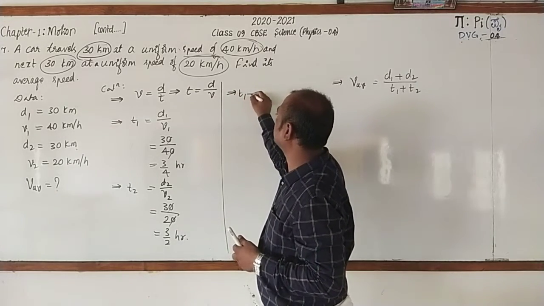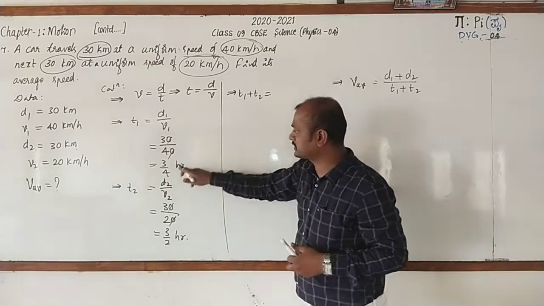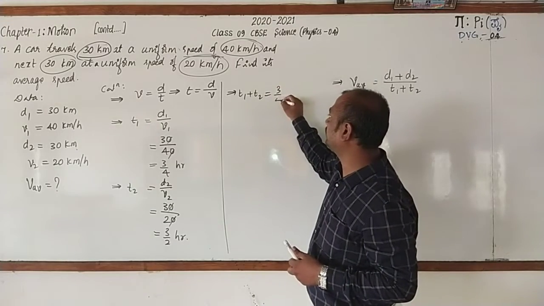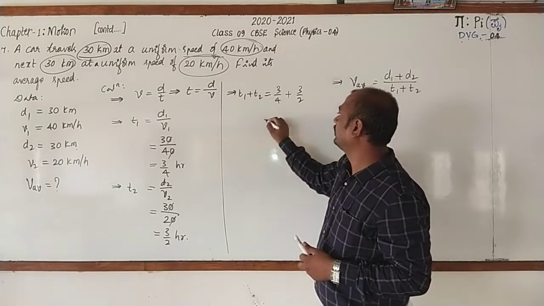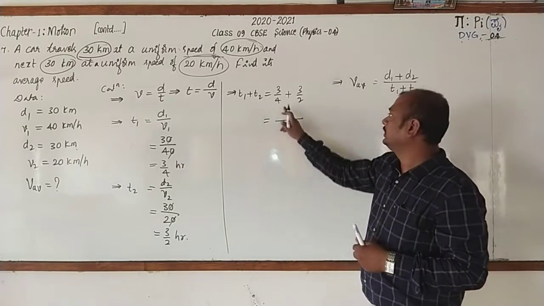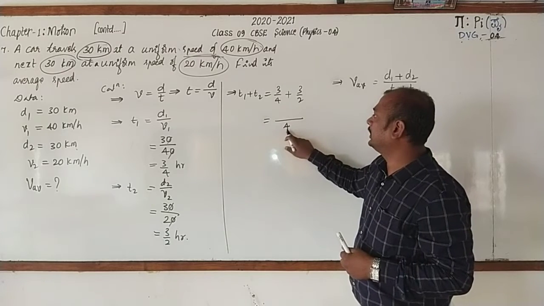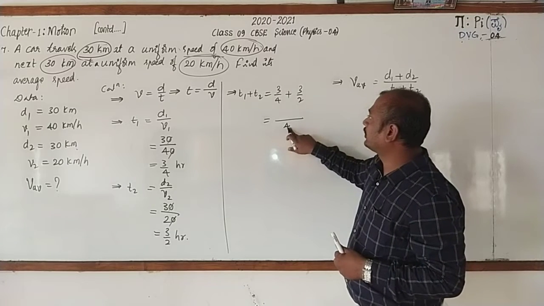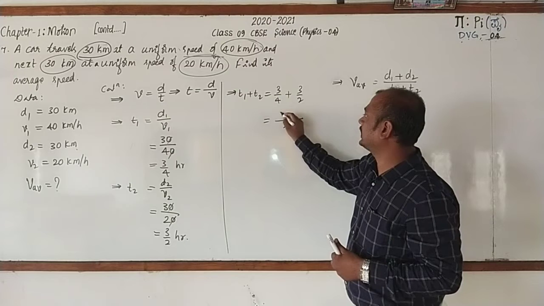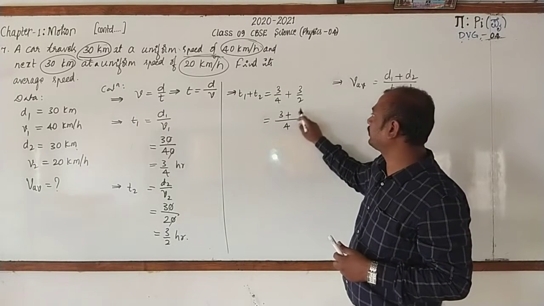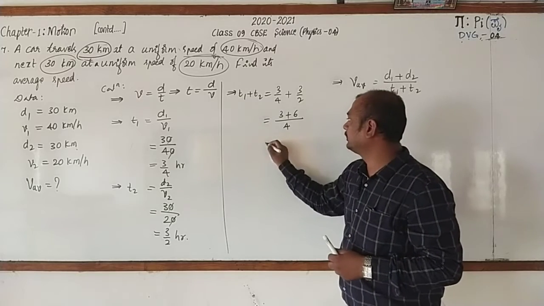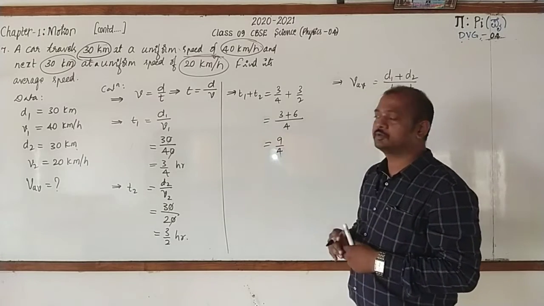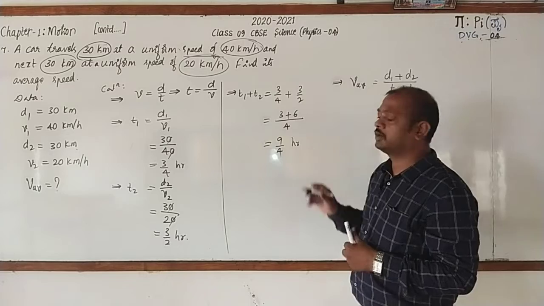T1 plus T2 is equal to, what is T1? It is 3 by 4. T2 is 3 by 2. Go for taking the LCM. LCM is 4. Multiply 4 with the first term, 4 gets cancelled, 3. Multiply 4 with the second term, 2 ones are 2, 2 twos are 4... it will be 6. It will be 9 by 4. Clear? 9 by 4 hour.